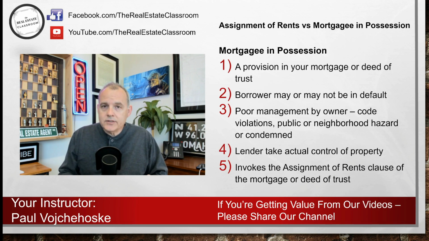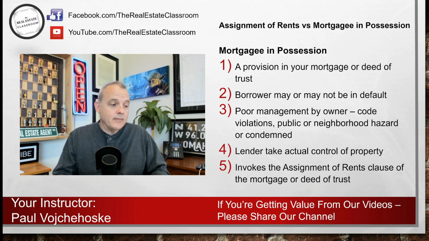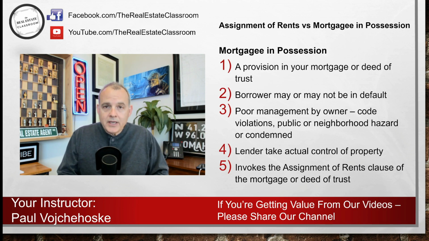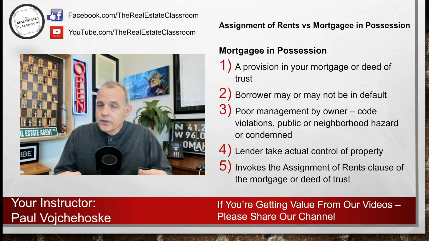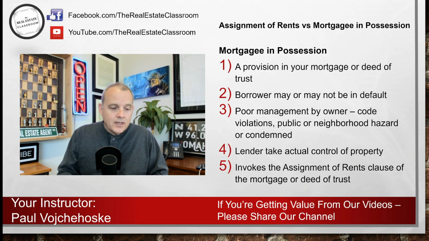Typically, where I've seen this personally is where there's poor management of the property. When an investor sits down and signs all the documents at closing, one of the requirements to get the money from the bank is you have to take care of the property. And if you're not making your tax payments or there are code violations on the property, those type of things, well, the lender is notified of those items and that puts the borrower in default of their agreement.